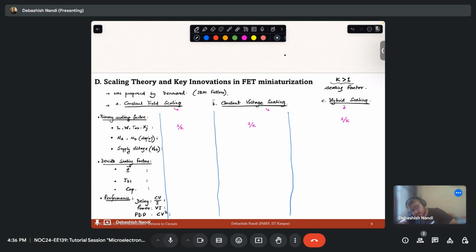Because what is your W depth, or the depletion width? The depletion width formula is root of 2 epsilon psi s by q Na.